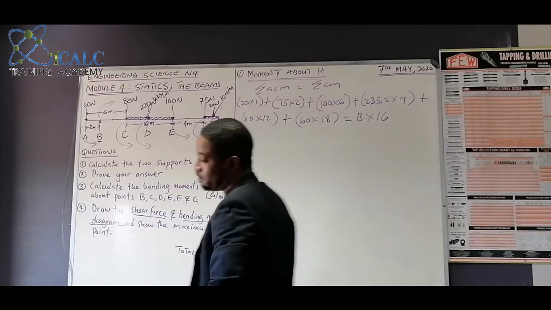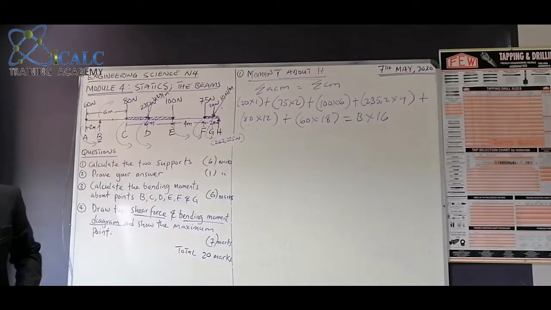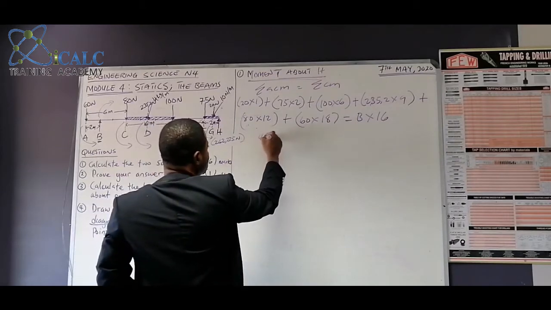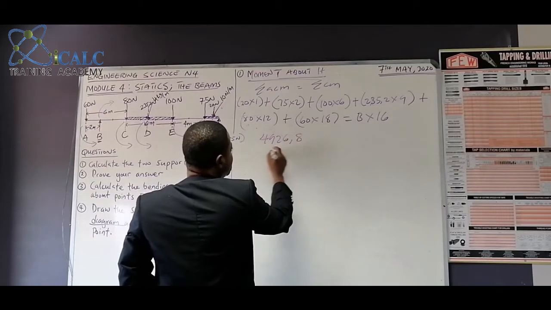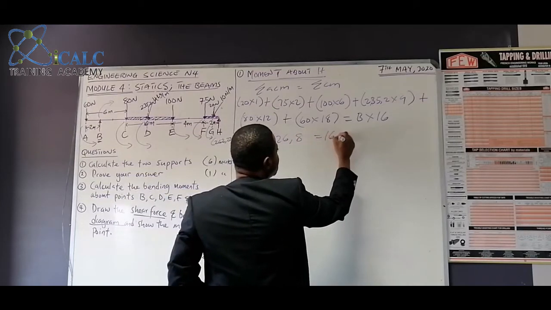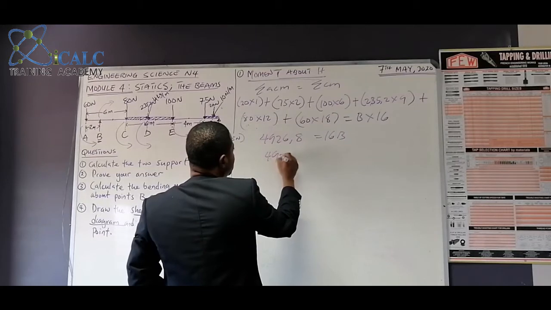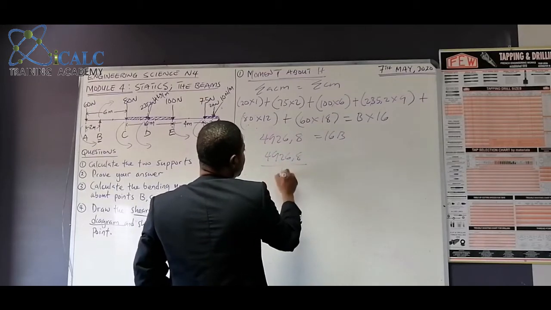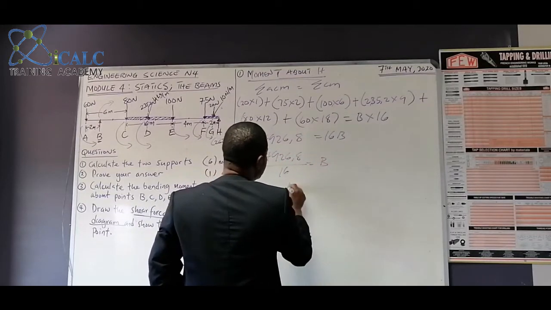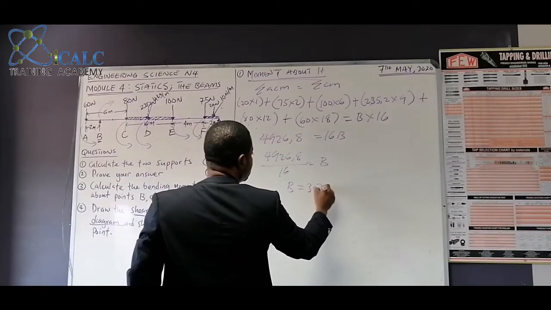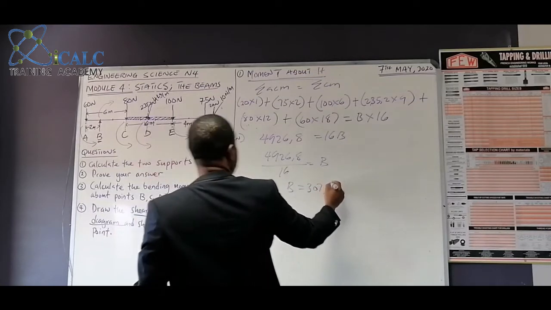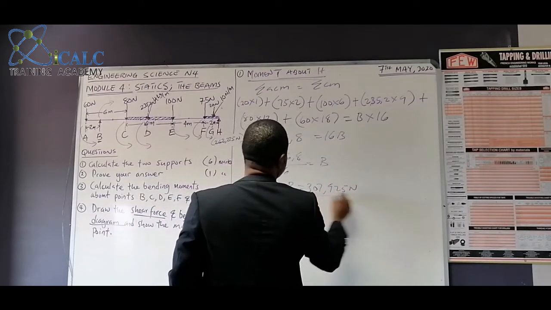multiplied by 16. So if we add all that together, we shall have 4926.8 will be equals to 16b. So 4926.8 all divided by 16 will give us b, and b will be equals to 307.925 Newton.